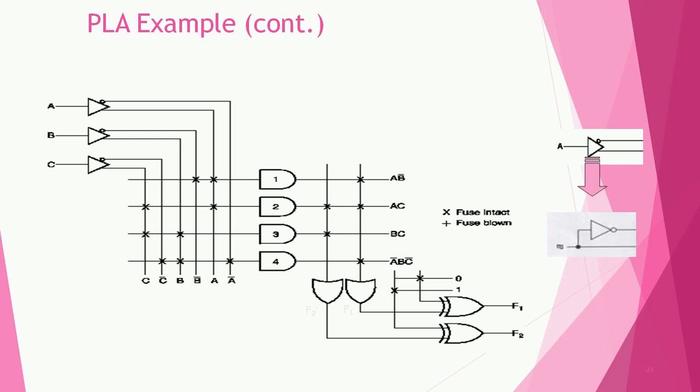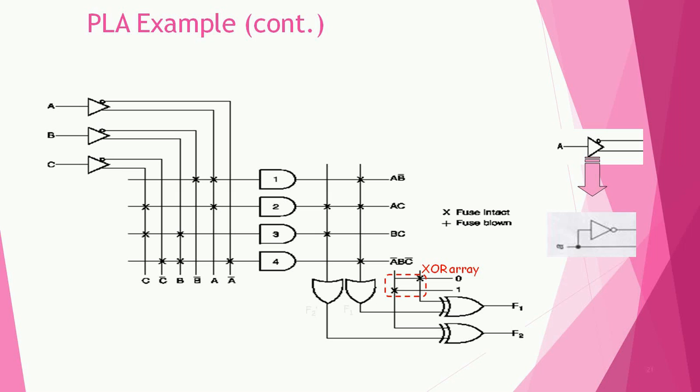As we know, for the XOR gate, when one input is 0, its output is the same as that of the other input. So if you observe carefully, the 0 input is connected for F1. So the output F1 of the XOR gate is the same as F1 at the output. So this is the XOR array used.